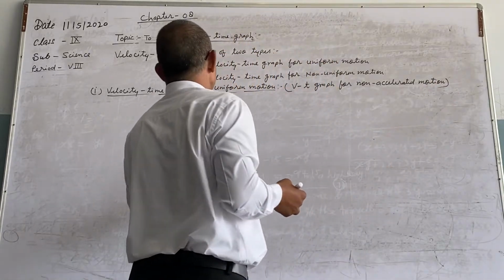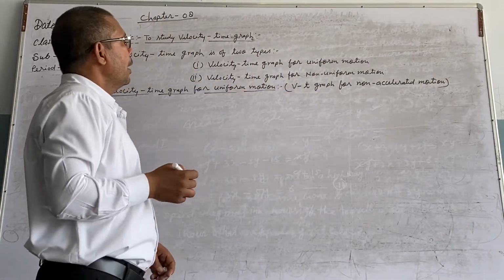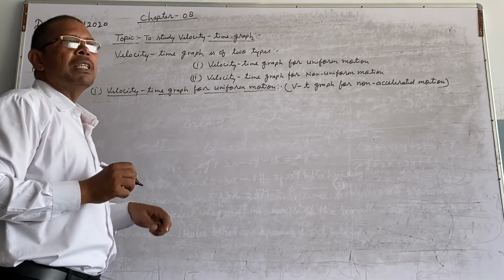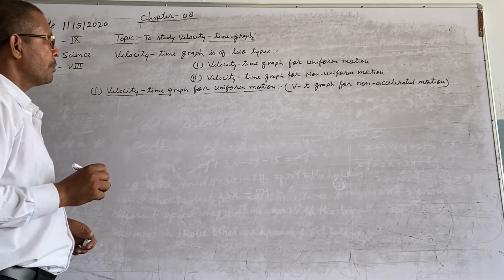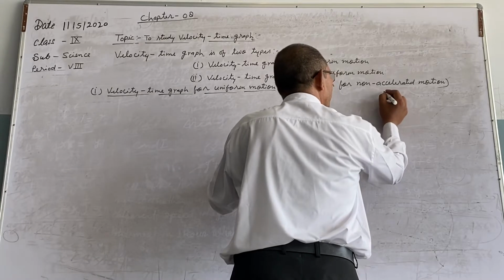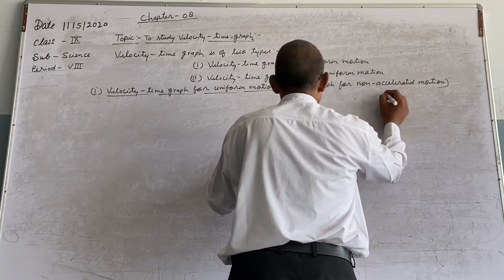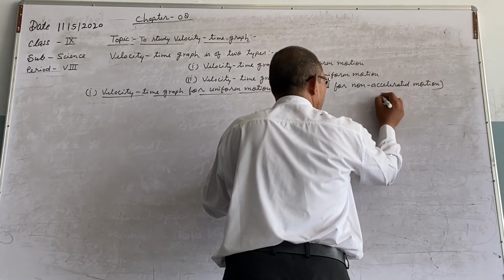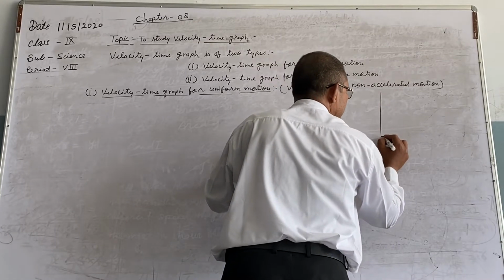That is, body moves with constant velocity. See, a velocity time graph for uniform motion is like this.